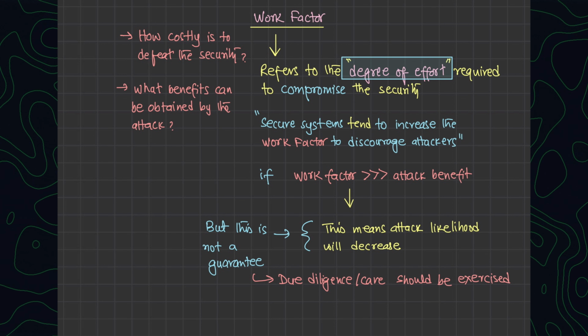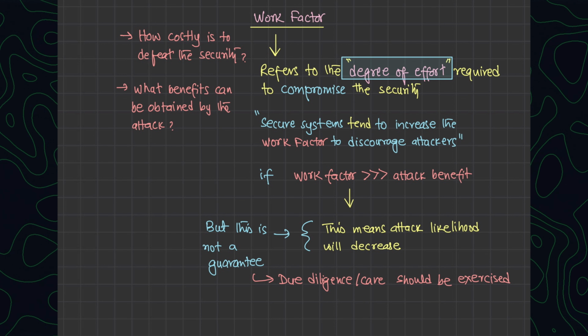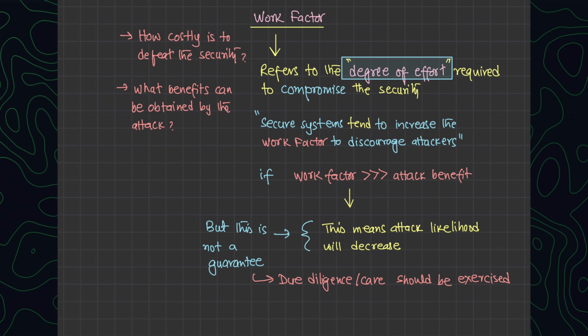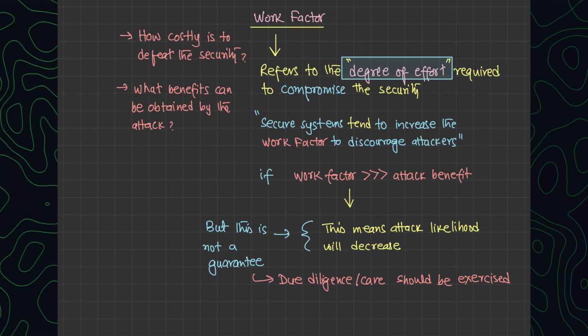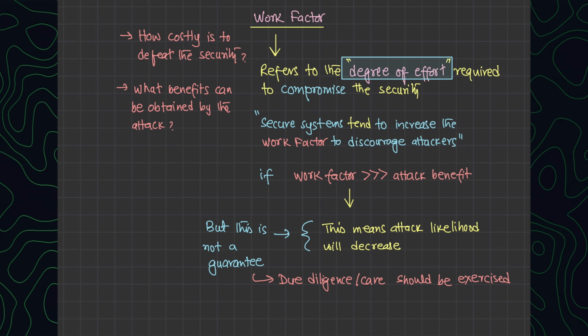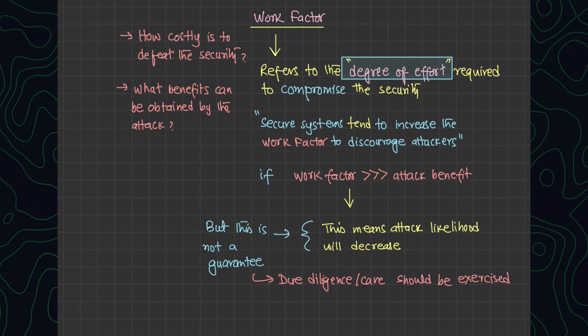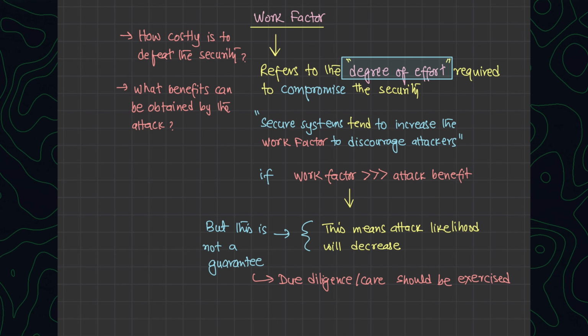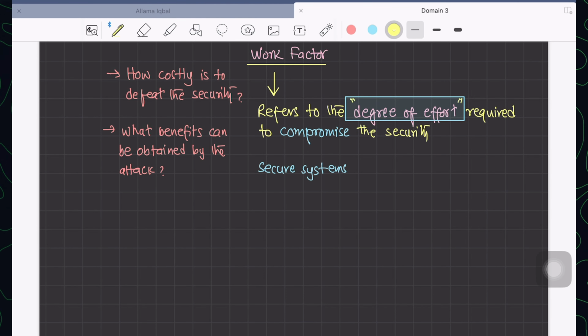So from an attacker's point of view, work factor explains how costly it is to defeat the security, first thing, and then it also gives an indication of what benefits can be obtained by the attack. So these 2 questions are answered by work factor, right?